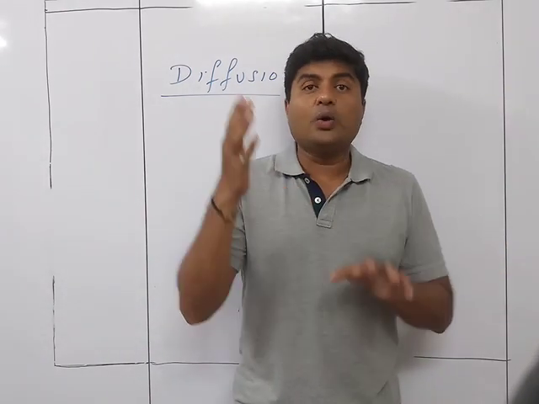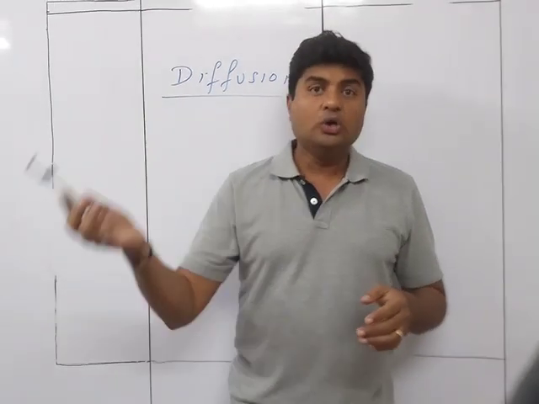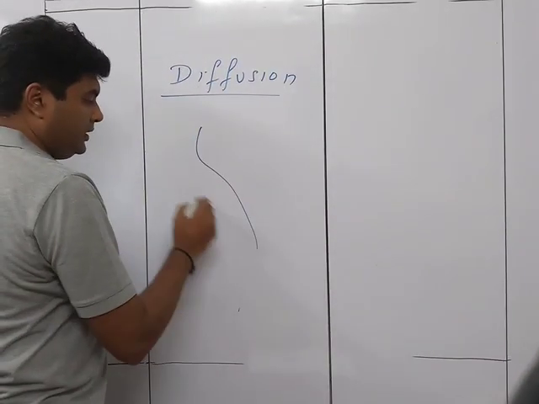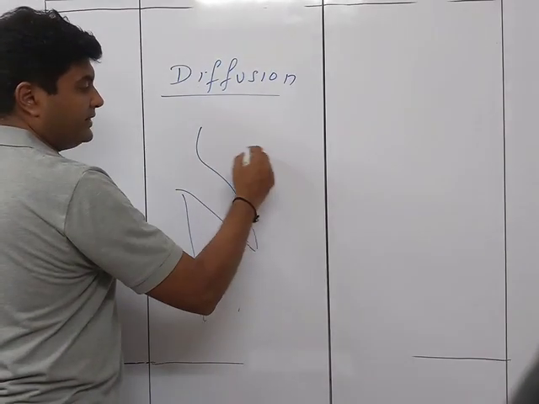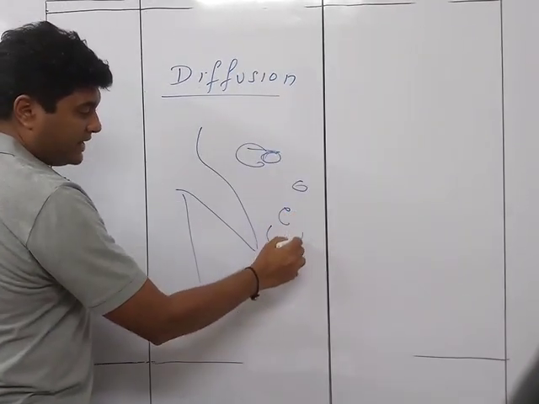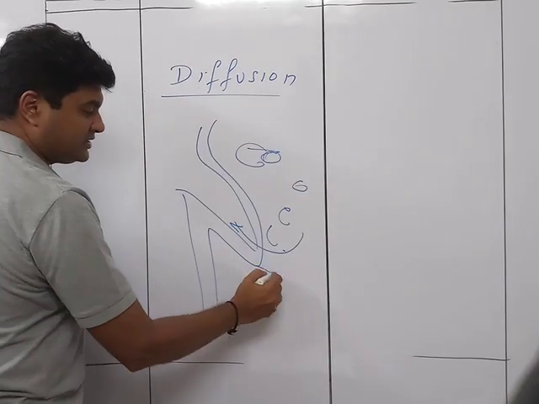So when the water enters from a higher level to a lower level, see, this is the root hair, and this is the soil over here and the water particles over here. So when the water particles enter into this root hair, passing through the cell wall, this is the cell wall.